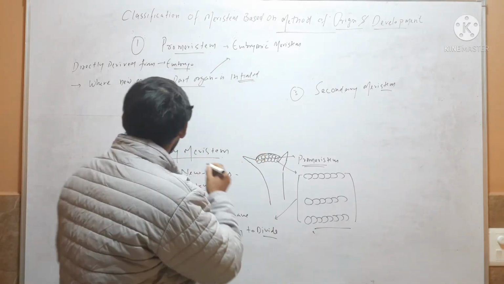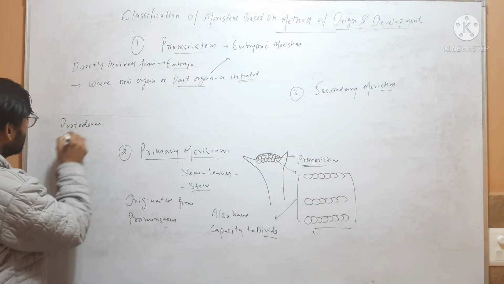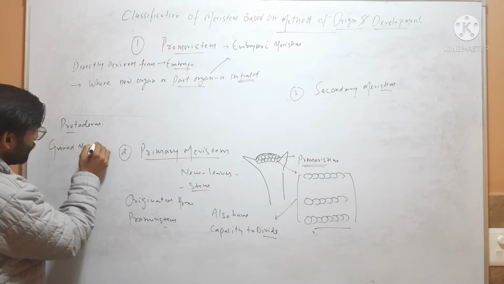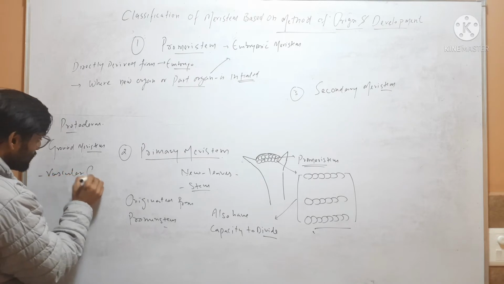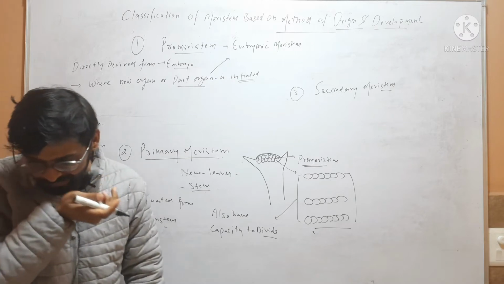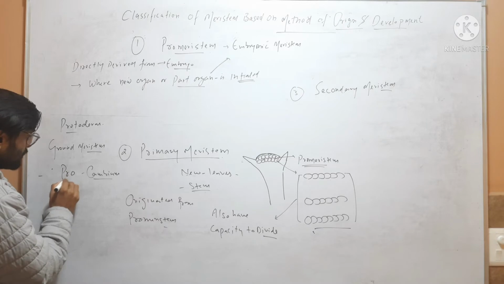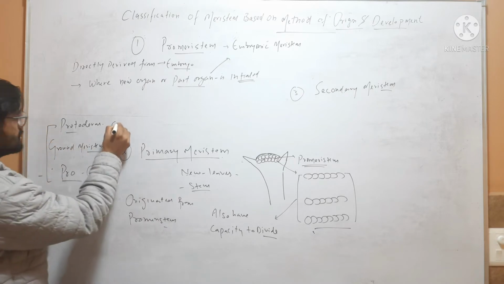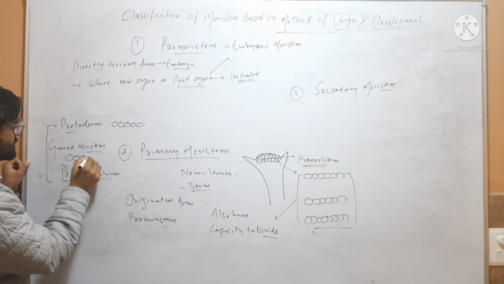For example, protoderm, ground meristem and procambium. So these are three different layers, groups of cells. This is protoderm. This group of cells is ground meristem.